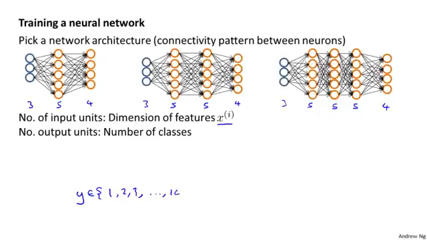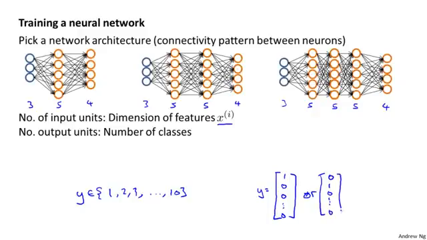And just a reminder, if you have a multi-class classification where y takes on, say, values between 1 and 10, so that you have 10 possible classes, then remember to rewrite your outputs y as these sorts of vectors. So instead of class 1, you recode it as a vector like that, or for the second class, you recode it as a vector like that. So if one of your examples takes on the 5th class, y equals 5, then what you're showing to your neural network is not actually a value of y equals 5.